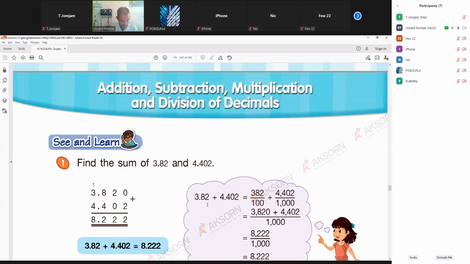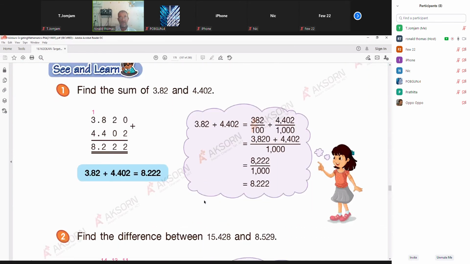Please read page 176 and 177, 178 and 179. Please notice the position of your decimal point.